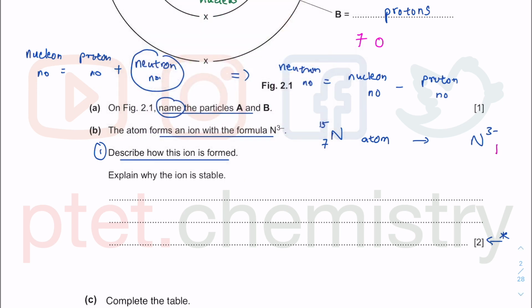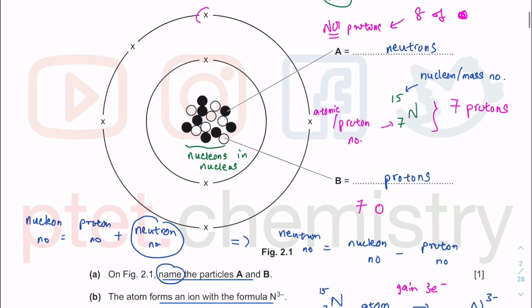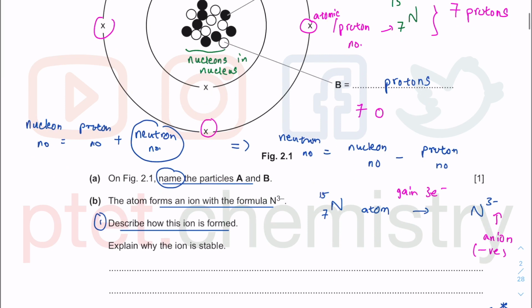N3 minus represents an anion because it's negatively charged, and you have a 3 minus because you have gained 3 electrons. If you think about the outer shell electrons, 1, 2, 3, 4, 5, there are 5 outer shell electrons because nitrogen is in period 2 but in group 5 as given in the periodic table.